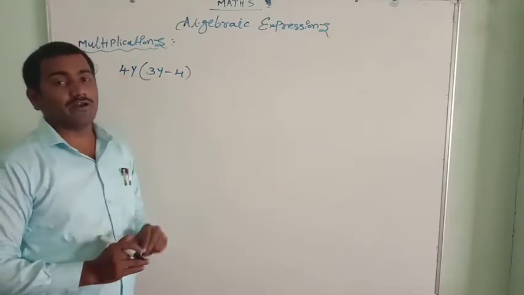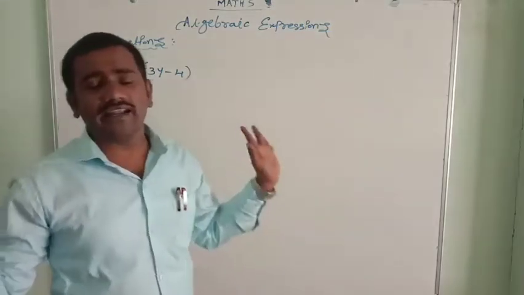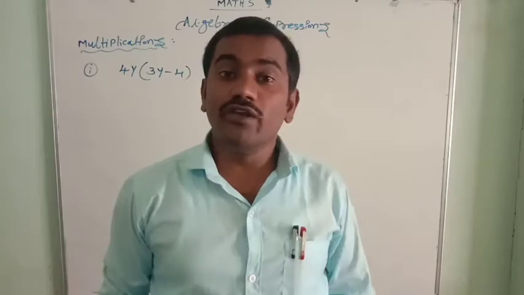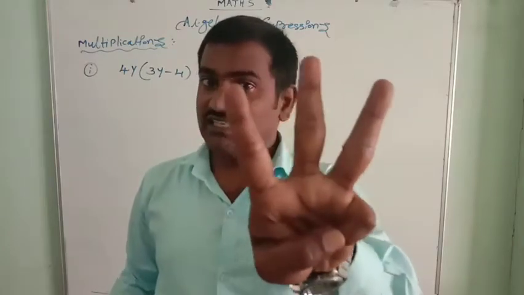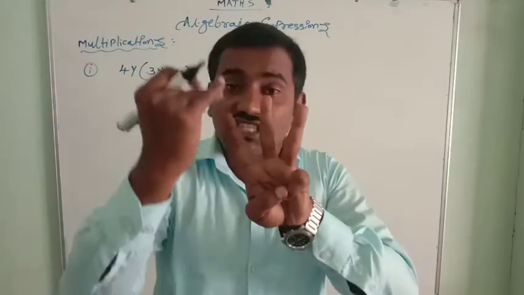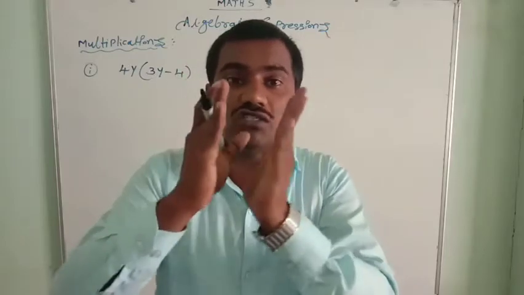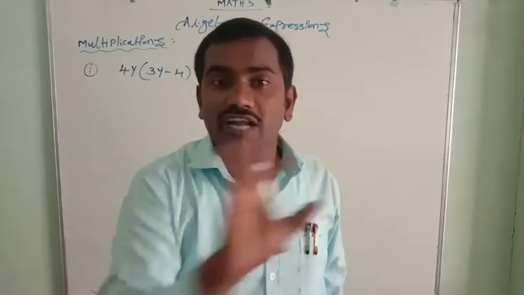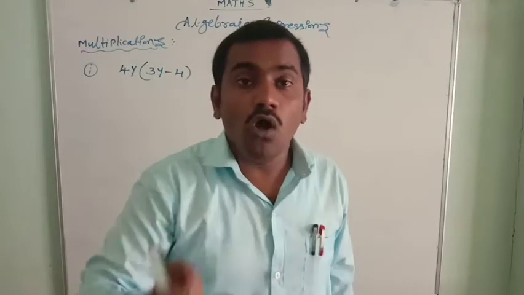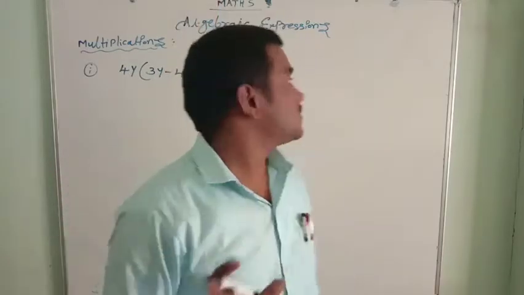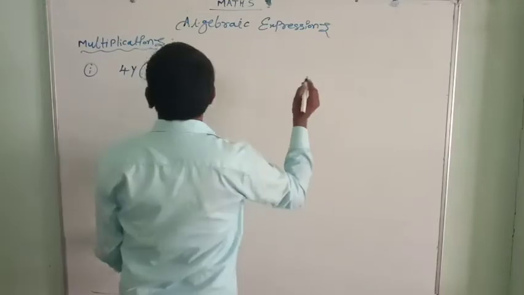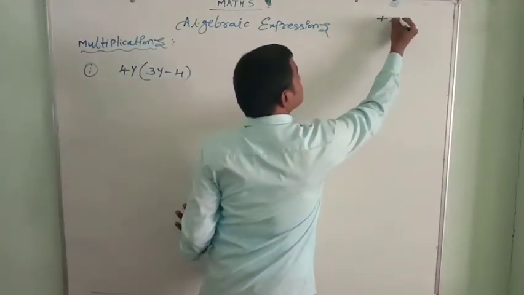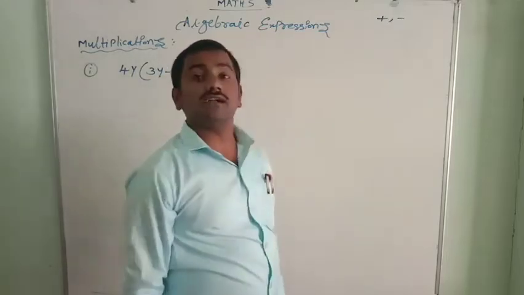Monomial into binomial. Whatever kind of multiplication in algebra, we need to remember three conditions first. If you follow these three conditions completely in sequence, you will never make any mistake. So let me tell you how to do this. First, remember symbols multiplication.